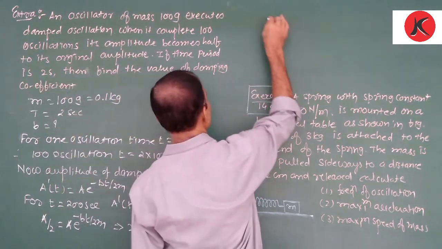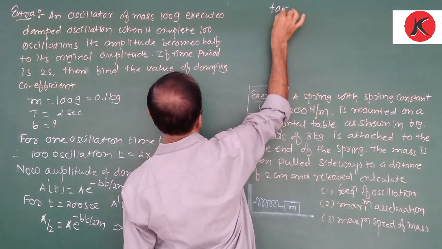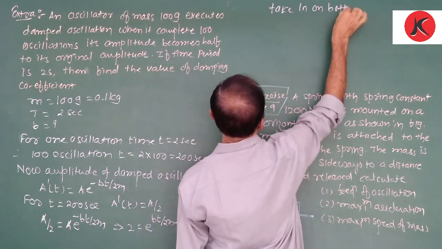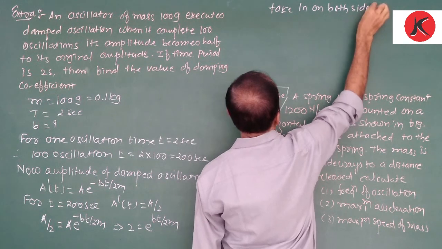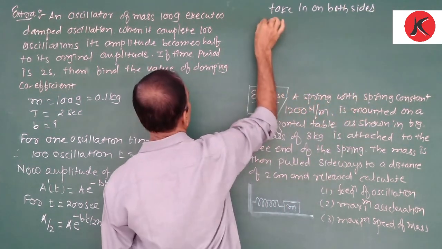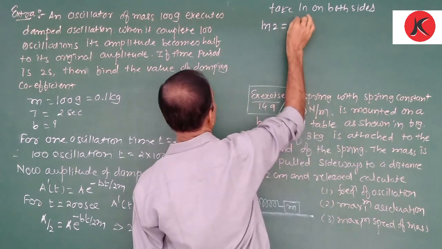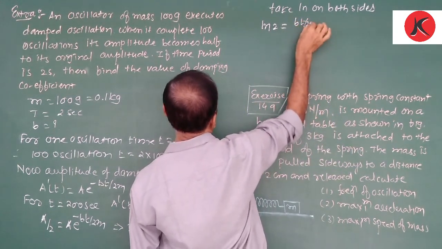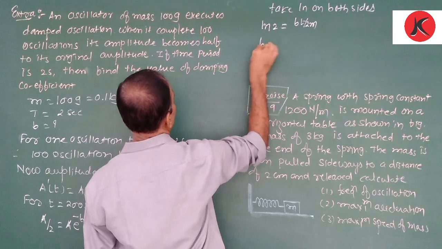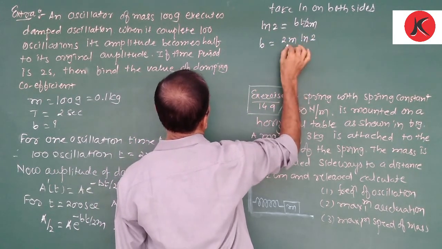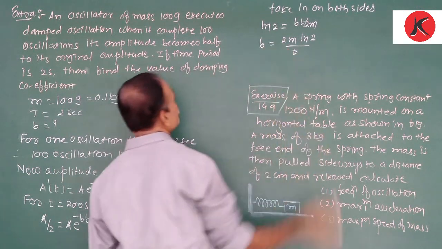Take ln on both sides. Therefore, ln 2 is equal to bt upon 2m. We require b. Therefore, b is equal to 2m ln 2 upon t.